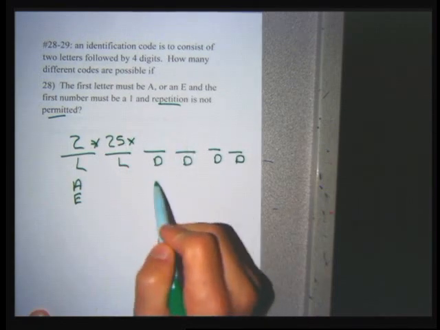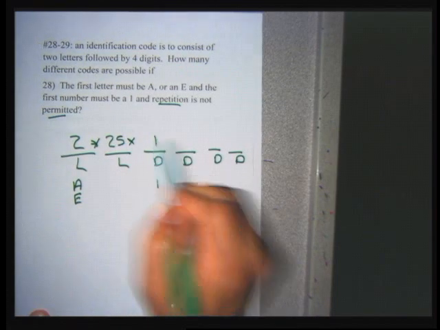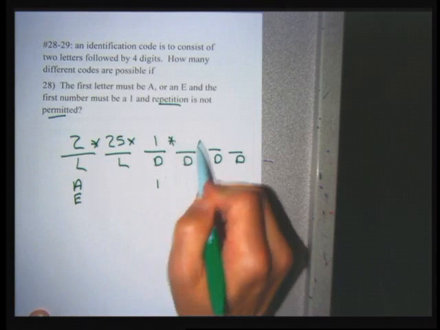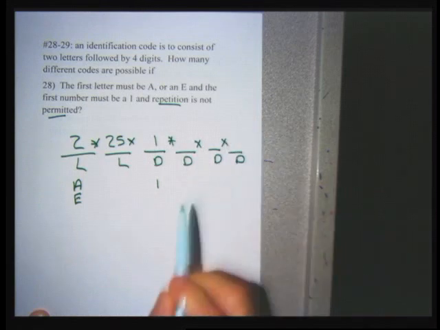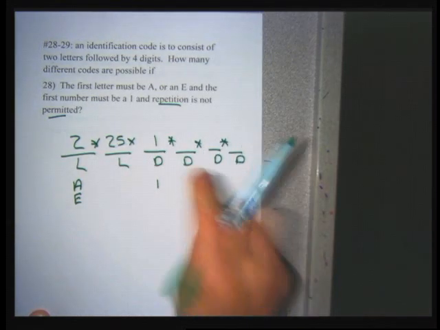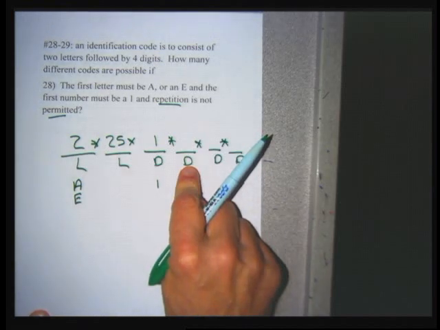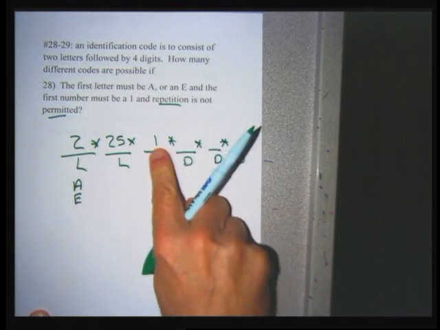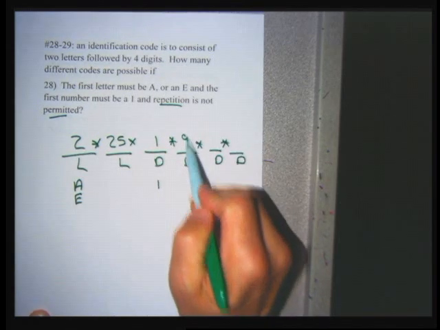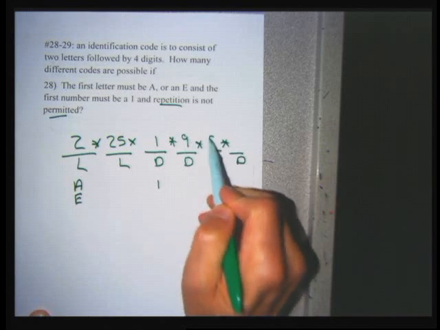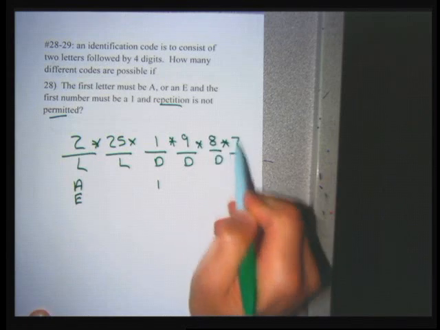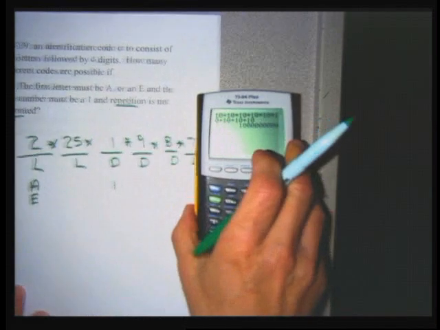The first number must be a 1, so for the first number there's 1 choice. And then for the subsequent numbers, I'm not allowed to repeat, so I go down. For the second digit, I've used the number 1. There's 9 digits remaining, and then I'm not allowed to repeat, so I go down by 1, and I go down by 1. So let me try to do that on my calculator.